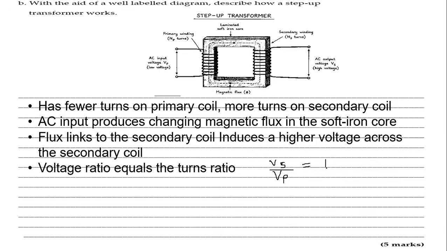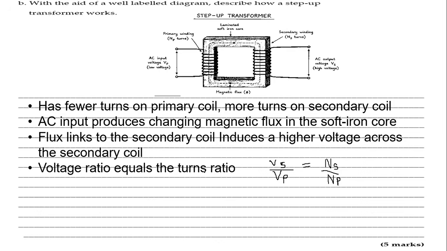It is equal to the number of turns in the secondary coil divided by the number of turns in the primary coil. That's what that means. So from this it will be found that the voltage in the secondary coil is greater than in the primary. That's how the step-up transformer works.